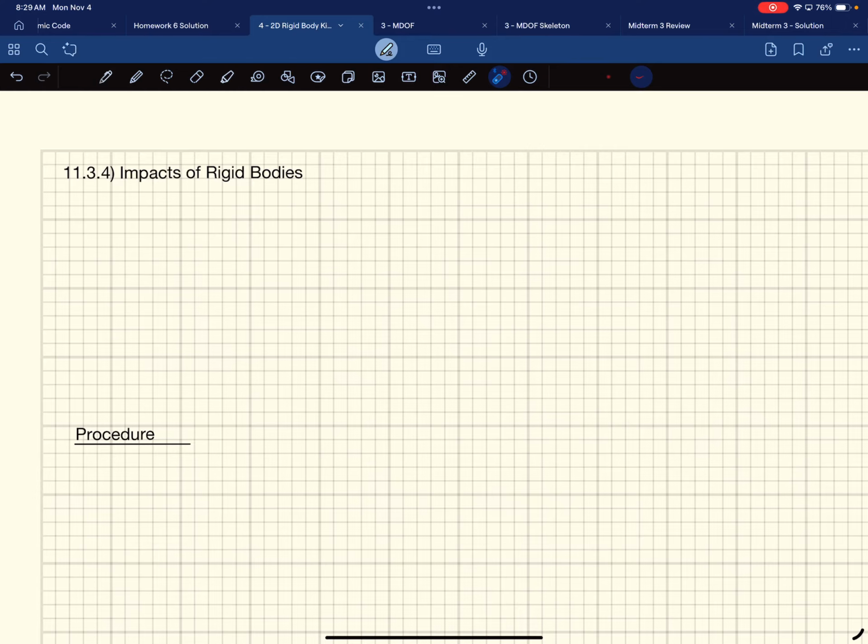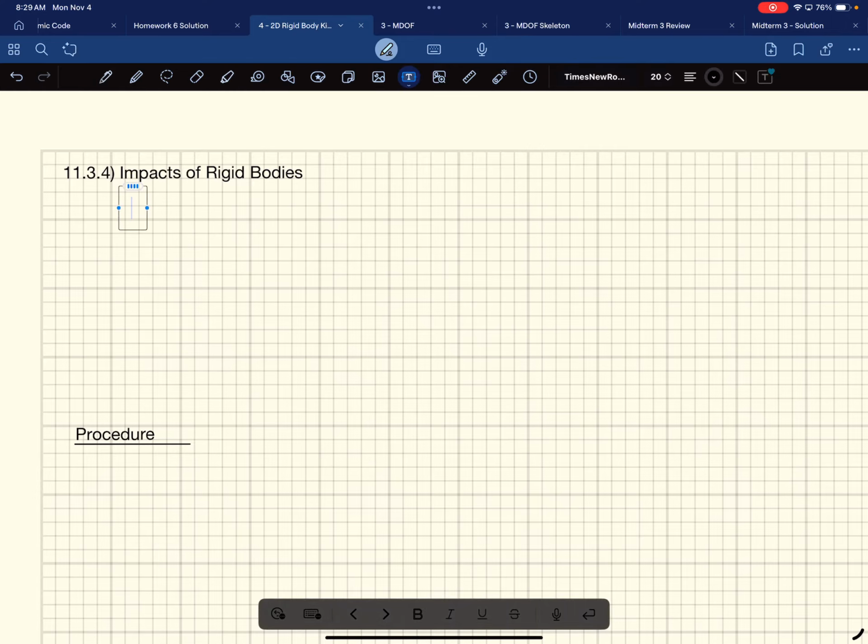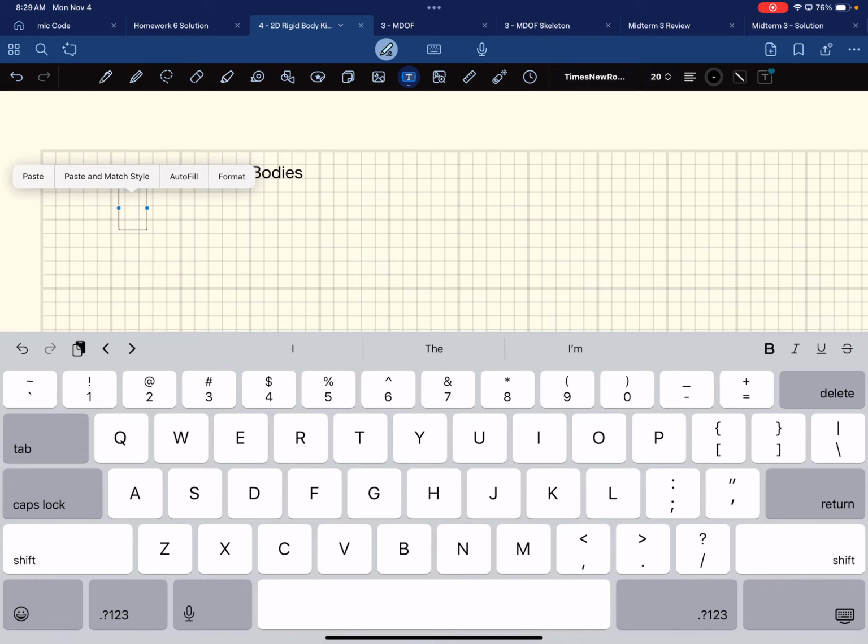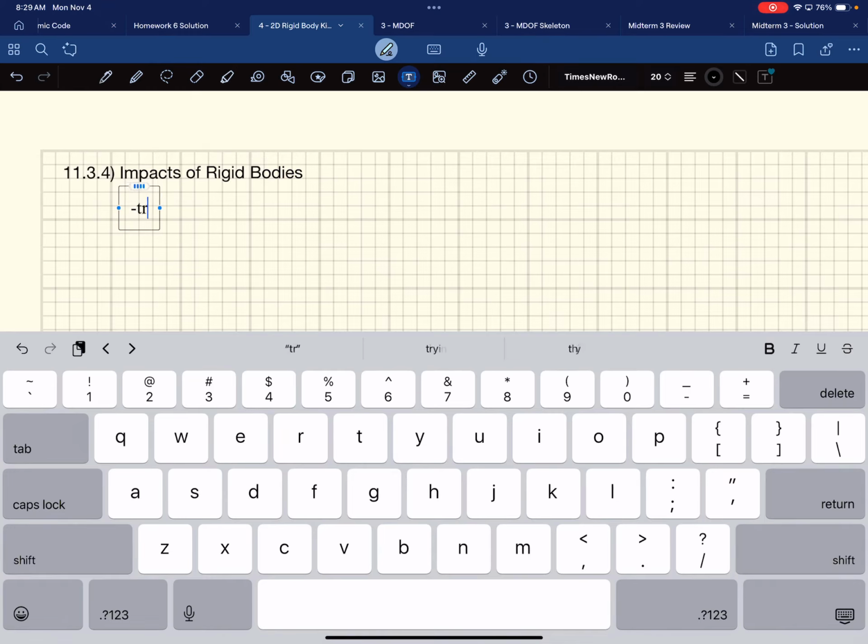All right, so some key concepts here to talk about. When we have impacts of rigid bodies, we have to be considerate of translation and rotation components.